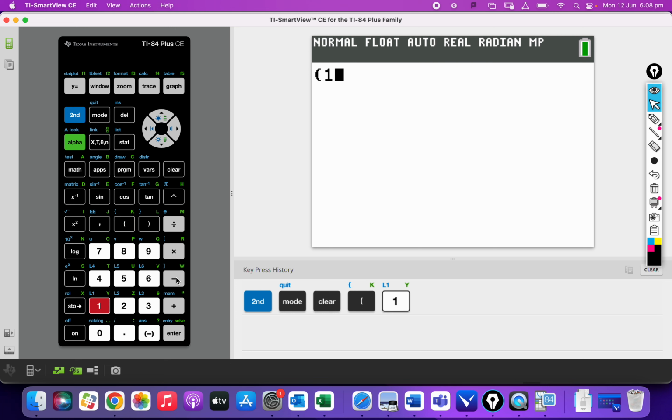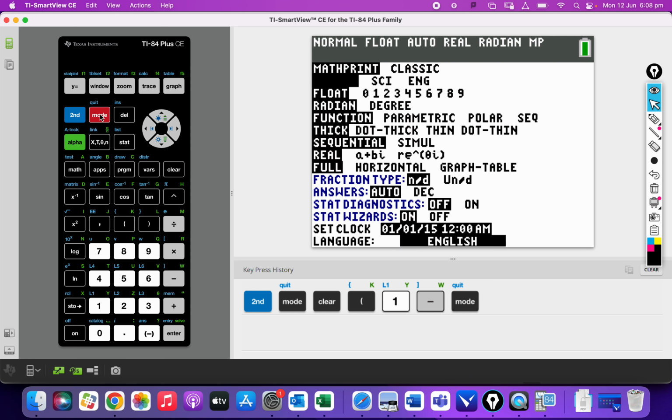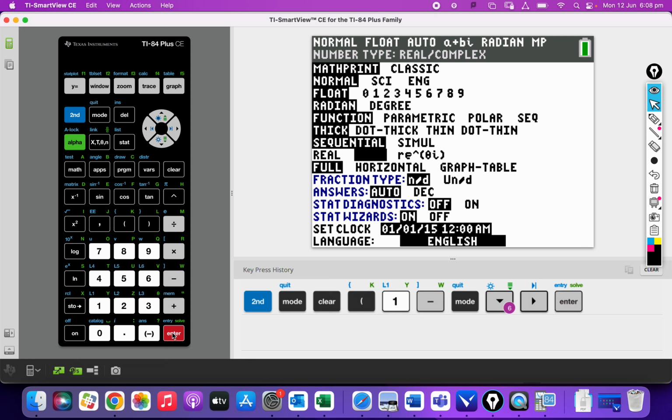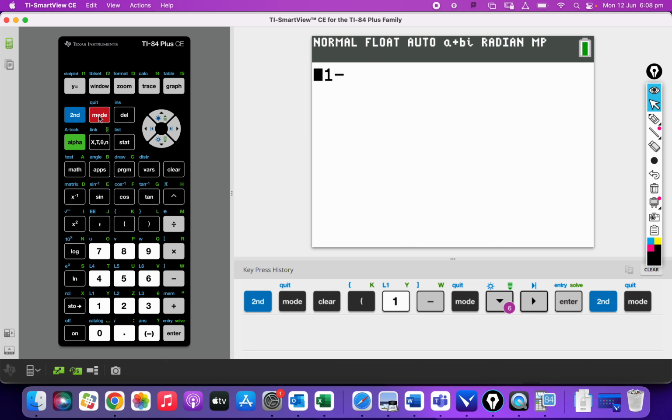Okay, so we got 1 minus root 3. I should probably check, I think I might need to be in complex mode. Maybe not. The i's down the bottom there. Square root 3.